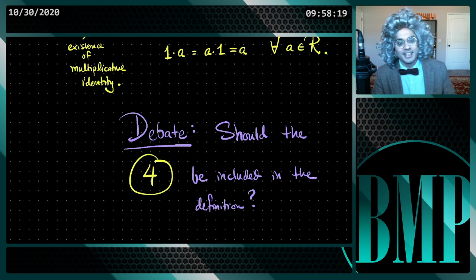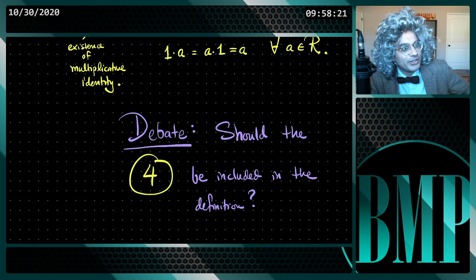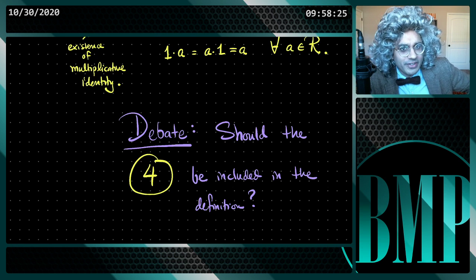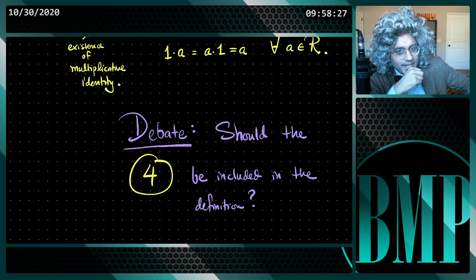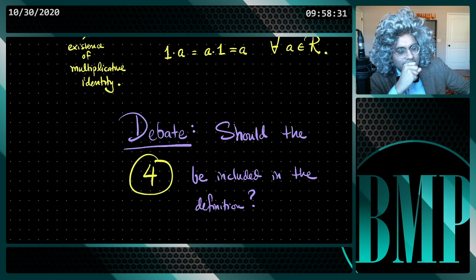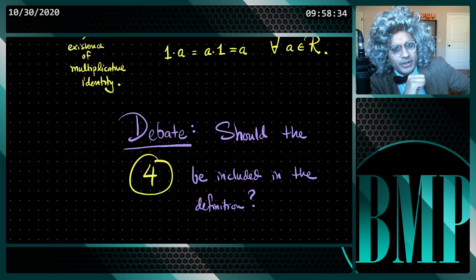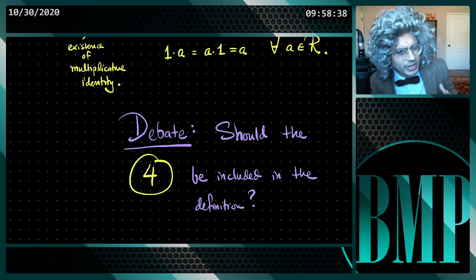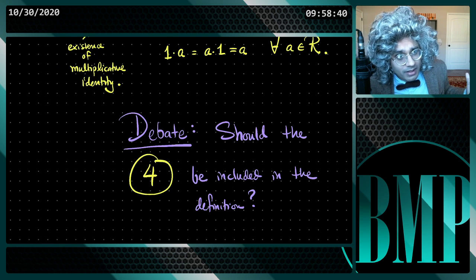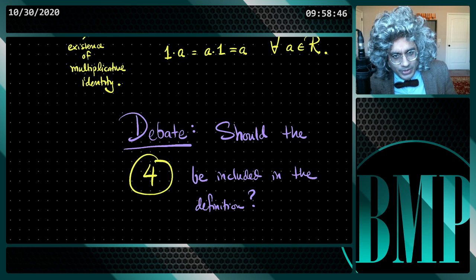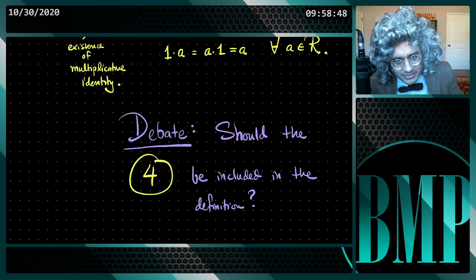Okay, so if you ask someone who's like me, who does a lot of commutative algebra related things and algebraic geometry and number theory, the place where rings really came from historically, every one of our rings has a multiplicative identity.